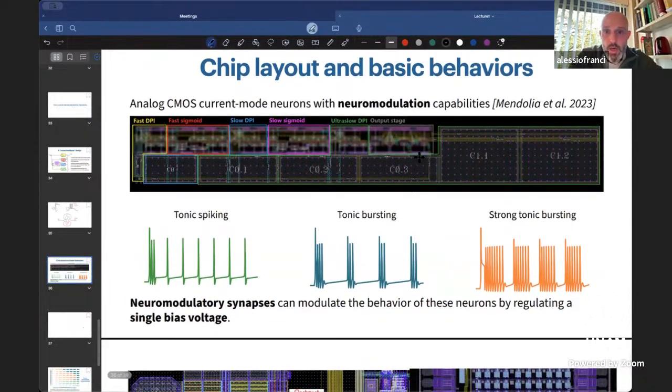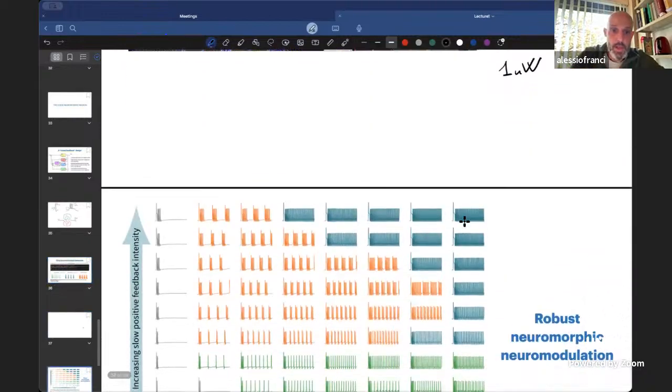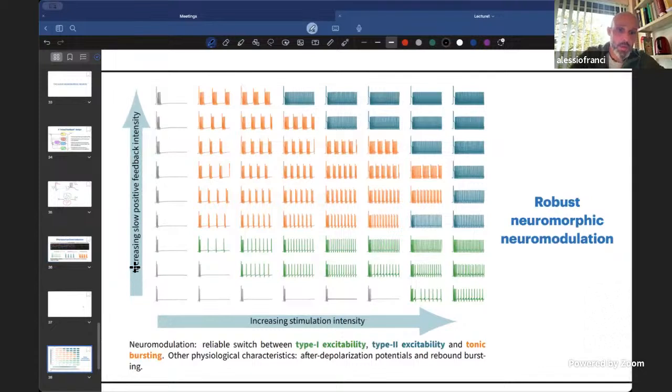And in particular, in his design, he has a single parameter that allows to change the neuron behavior between tonic spiking, tonic bursting, or even stronger tonic bursting. If you start to play with this parameter that changes the behavior, you see here you are tonic, and here you are bursting.